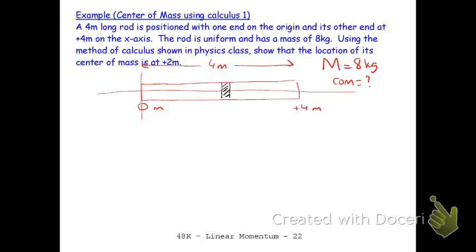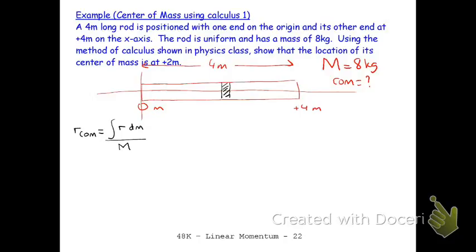And the first thing I say is my center of mass is equal to, what was it? It was the integral of r dm over the total mass. Yep, that was my equation for it.